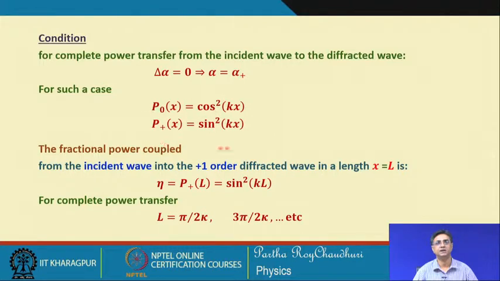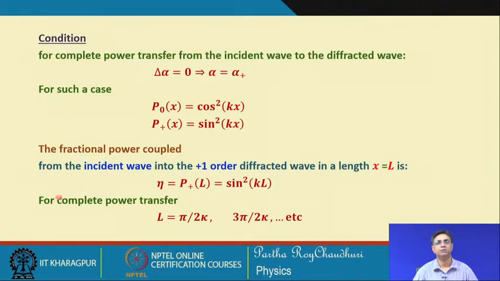If you consider this, you get this equation: the fractional power coupled to the plus order is given by this. This is the expression that we will be using for the modulator purpose, and that is what we will call the diffraction efficiency. So, P plus will have sine square of kappa L. This is the fractional power which will be coupled.